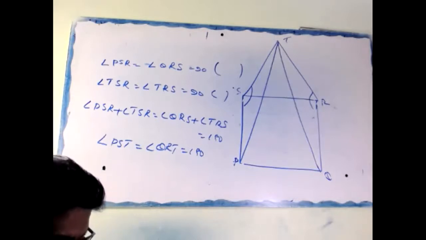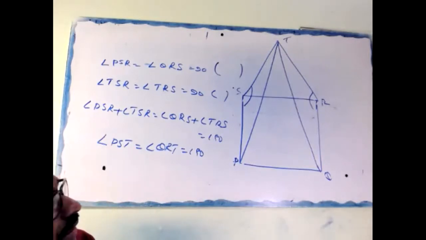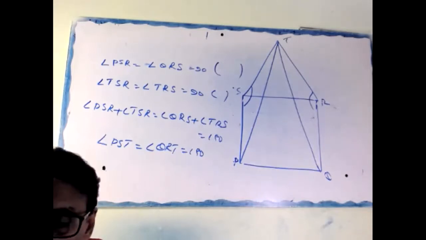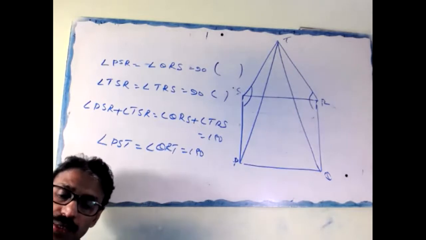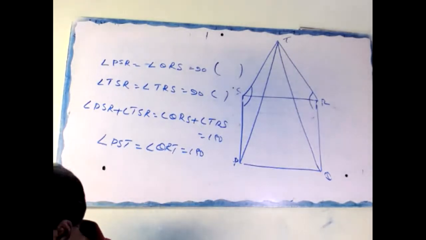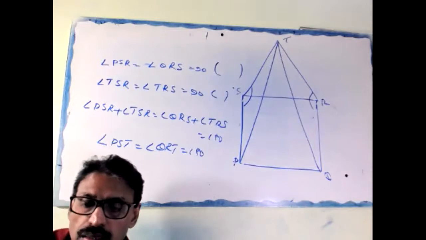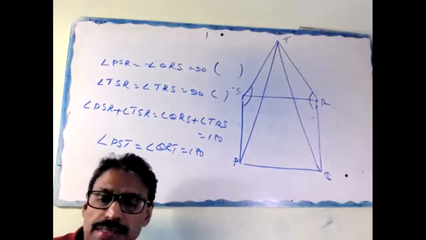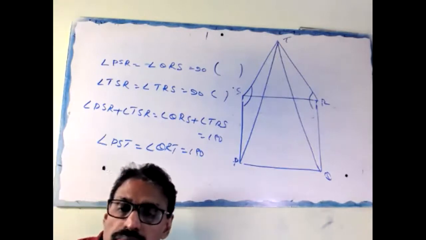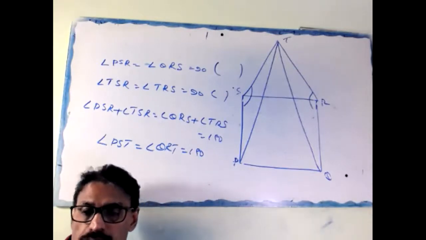Okay, one more part is there. One more part is what? Angle TQR equal to 15 degree. You got this one? Okay. Hello. All got that. Second part. You got the second part?